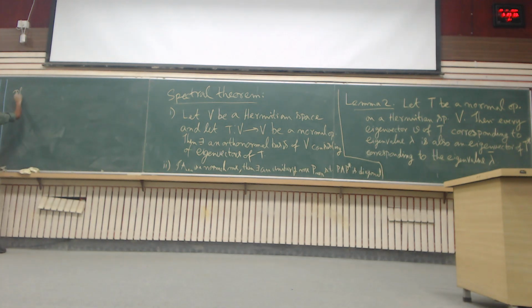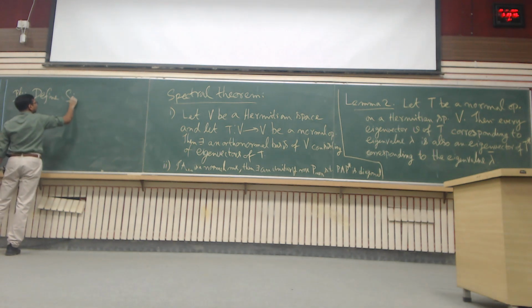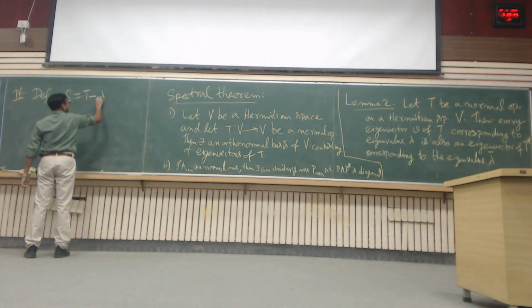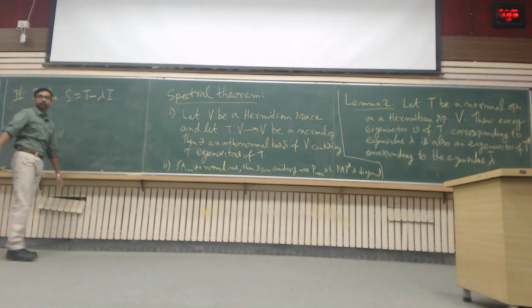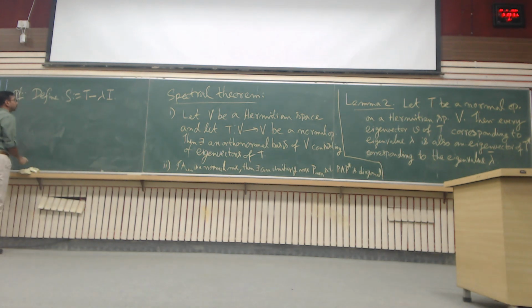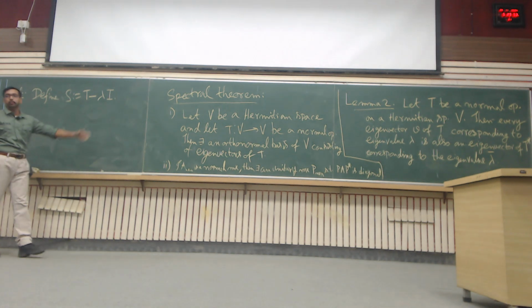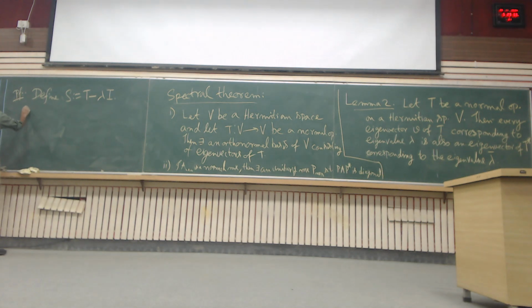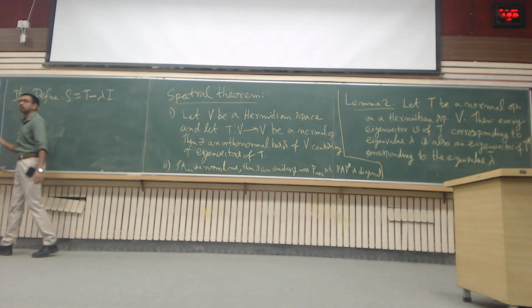So proof. Define this operator S as T minus lambda I. And note that we assume T to be normal, right? Consider this, S star S. We are trying to show that S is normal as well.